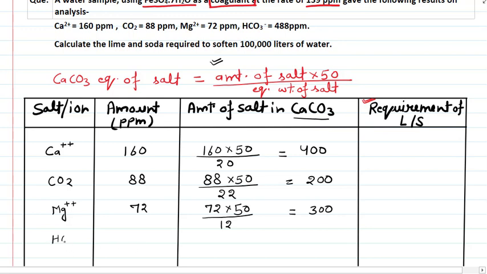The next one given is bicarbonate ion, HCO3 negative, and the amount given is 488 ppm. So we can calculate it as 488 multiplied by 50 divided by the equivalent weight of HCO3 minus, which is 61, and after calculation we will get 400 ppm.